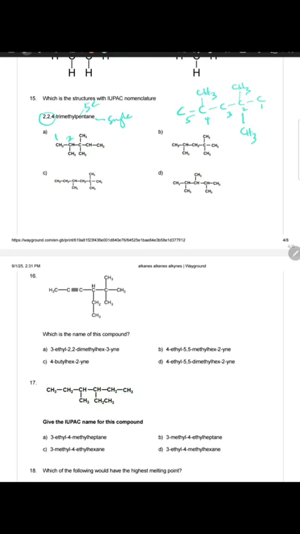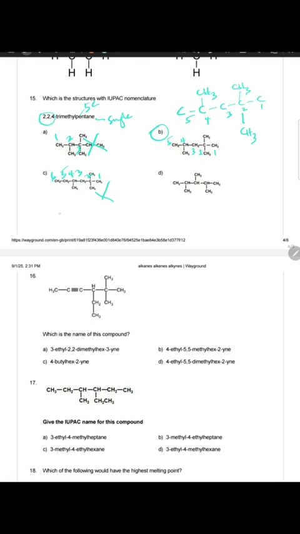So this is 1, 2, 3. It cannot be. Let's look at B. This is 1, 2, 3, so 4, 5, and that looks very similar. Let's look at the C part. This is 1, 2, 3, 4, 5, 6. So it cannot be.